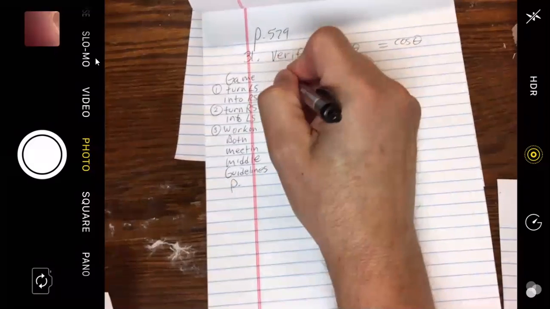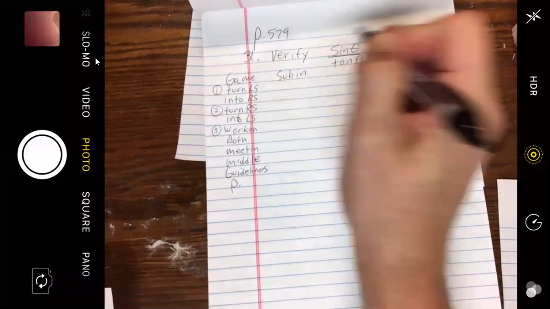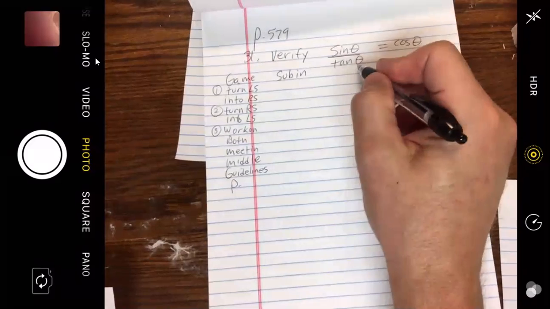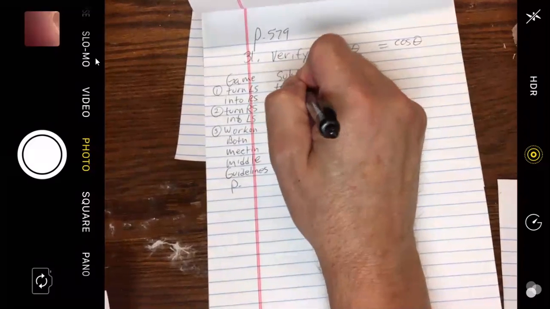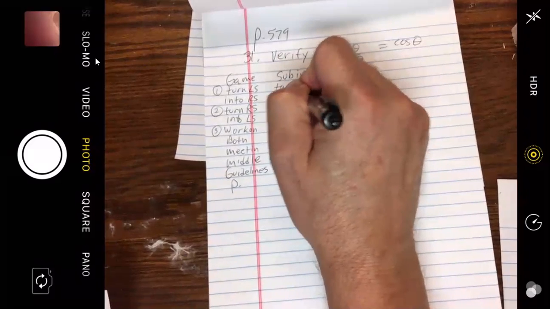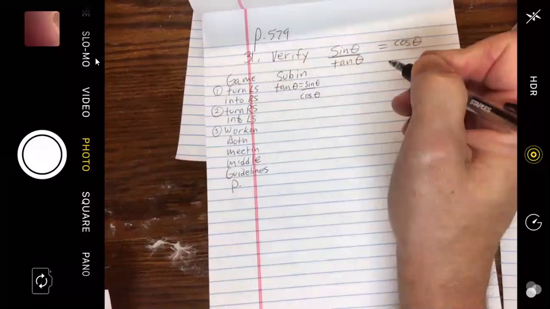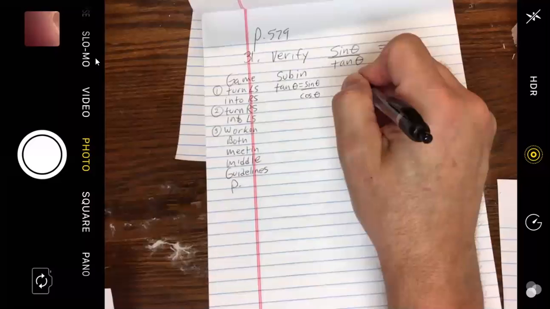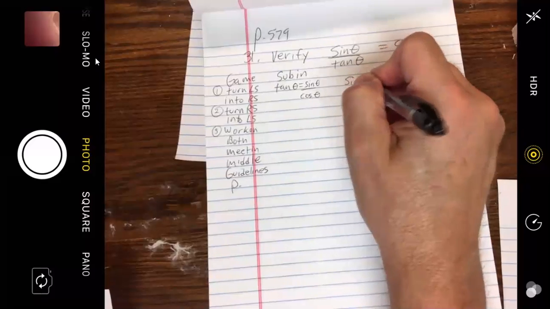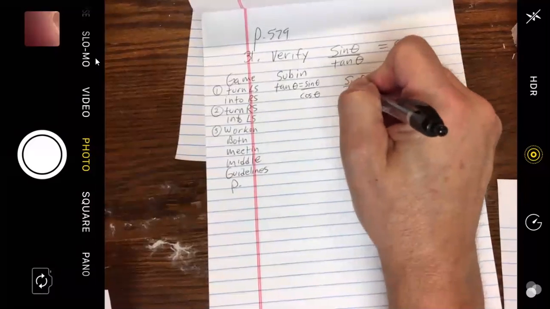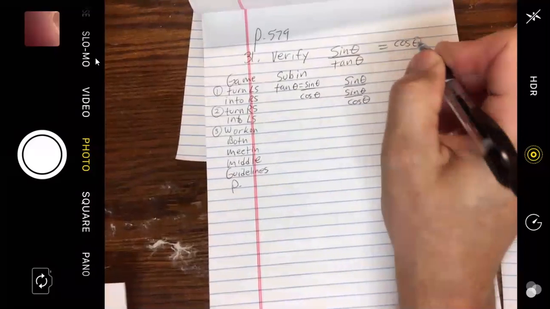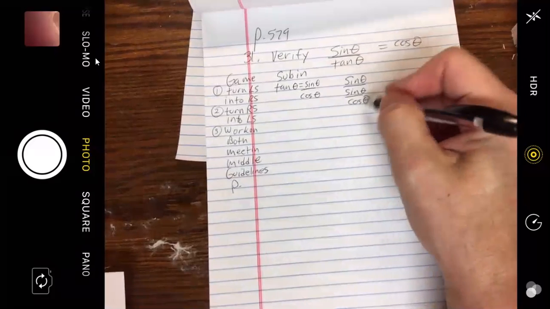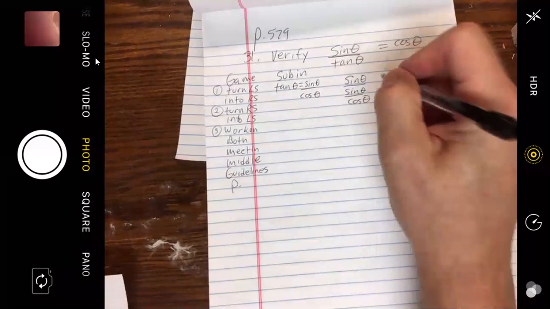All right, so something simple like 31. Again, we're going to sub in. This is the more complicated side. You can't break down a cosine. Sub in tan theta, sine over cosine theta. So I'm working on the left side here. So sine theta over sine theta divided by cosine theta. I want to turn this hopefully into that.